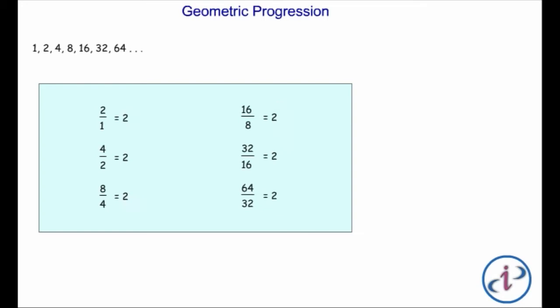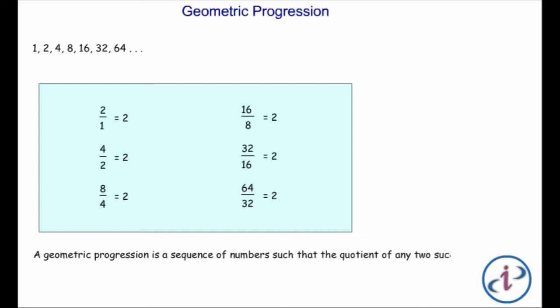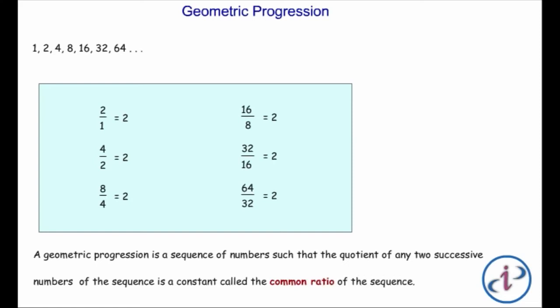Now, let us see the definition of geometric progression. A geometric progression is a sequence of numbers such that the quotient of any two successive numbers of the sequence is a constant called the common ratio of the sequence.